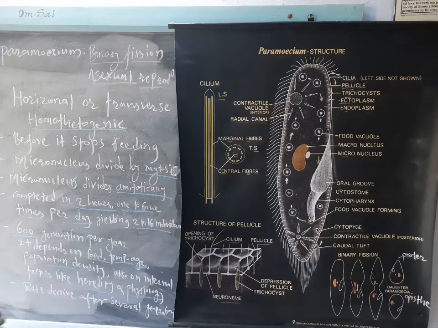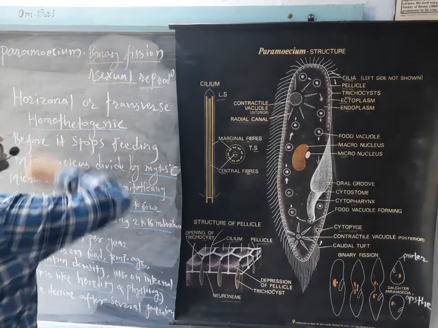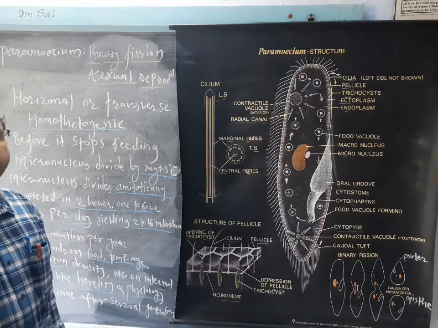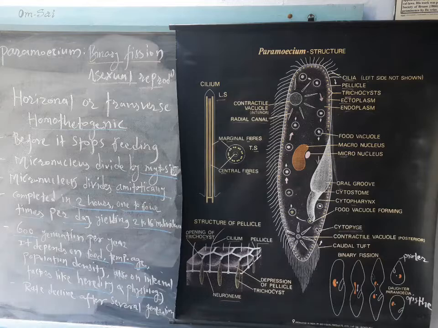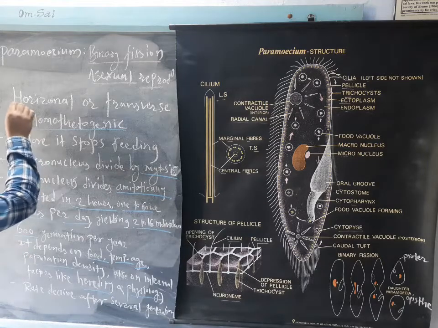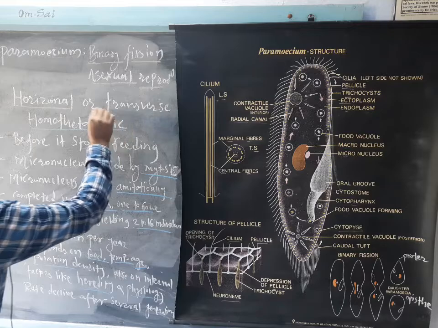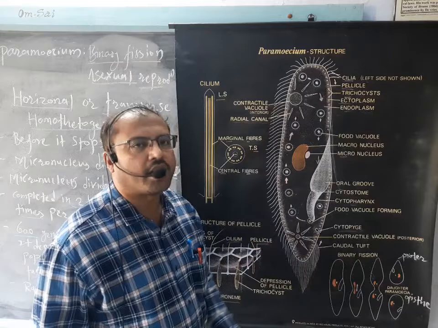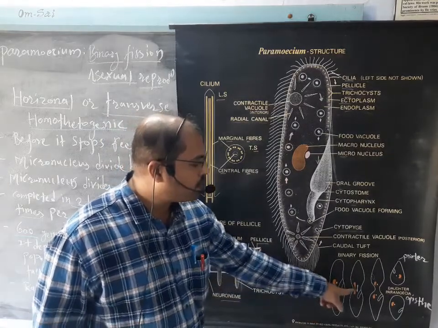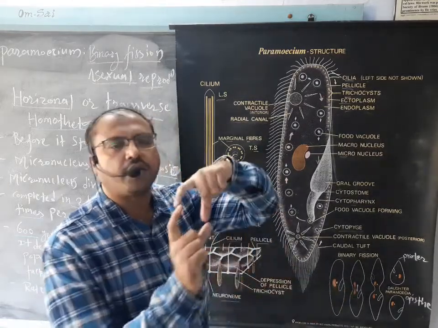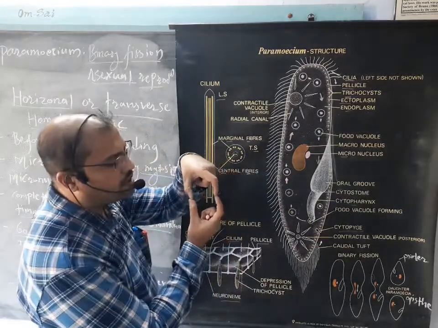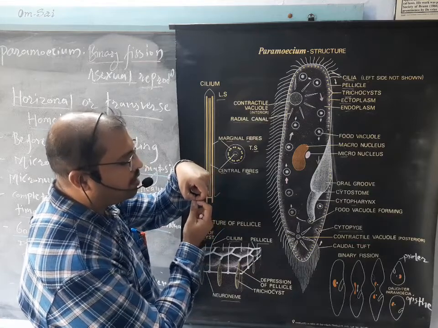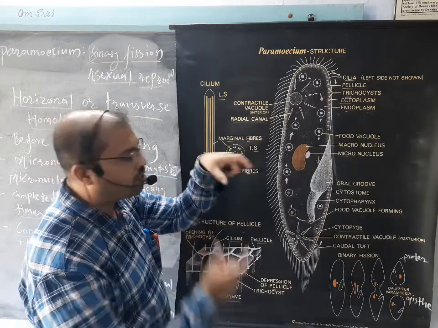So let's see binary fission. Bi means two and fission means division. The Paramecium divides in such a way that it produces two daughter paramecia. This binary fission is horizontal, also called transverse. If you see this figure, it shows binary fission in Paramecium. This is a Paramecium. A constriction appears at the middle, and slowly it is completed, dividing the Paramecium into two daughter paramecia.